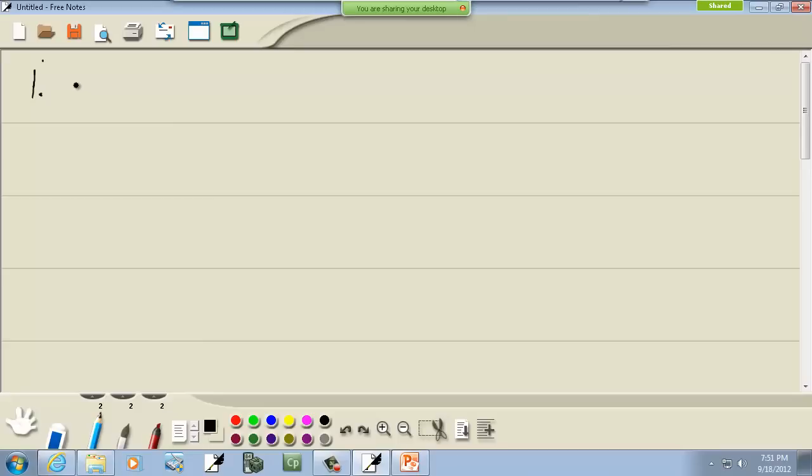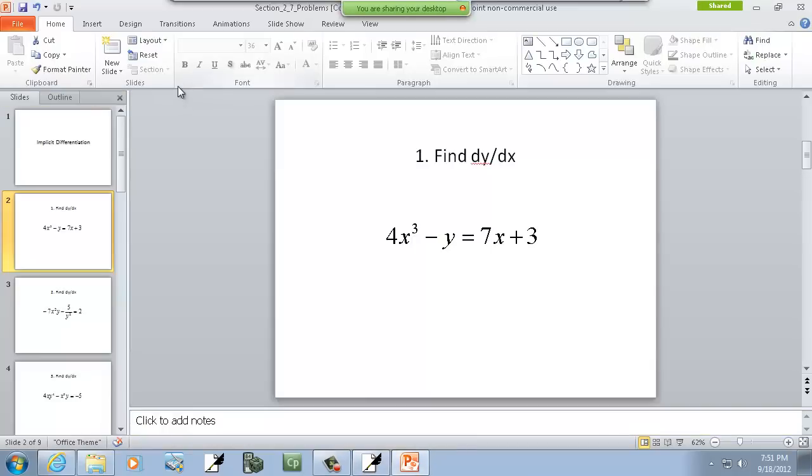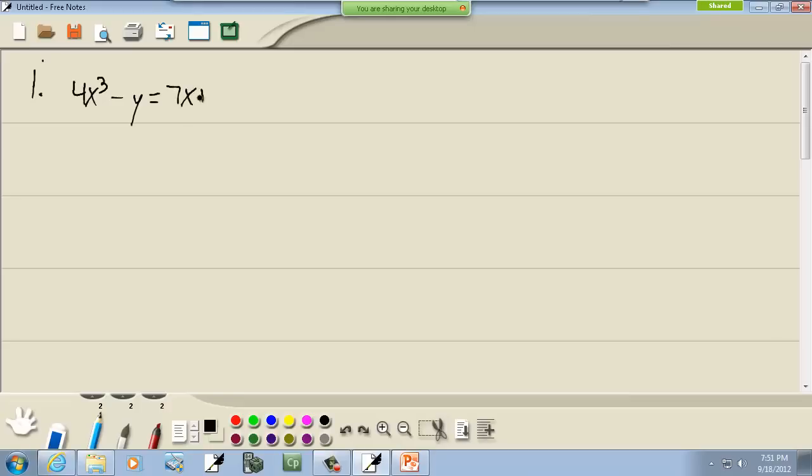And we've got 4x to the third minus y equals 7x plus 3. I'm going to first work this with implicit differentiation, and then I'll show solving for y and doing it that way. With implicit differentiation, we take the derivative of everything where it's sitting.